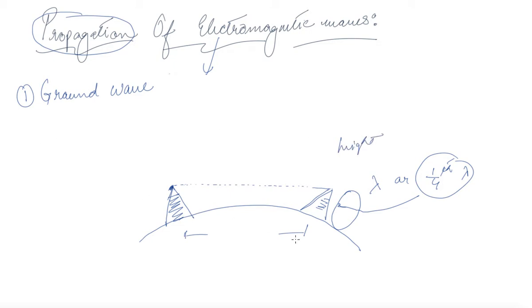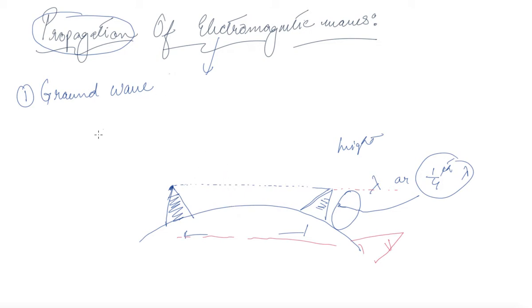So now if this particular antenna was somewhere at a greater distance between these two, we would have noticed that the wave had gone in this way. So it should be at a shorter distance and it travels parallel to the surface of the earth.